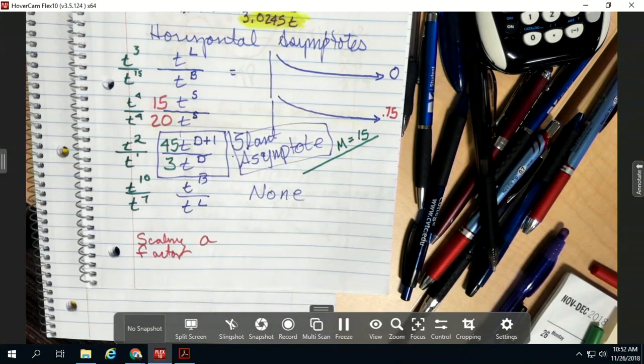And you think, well, why is that so? Well, if you keep on canceling here, eventually you will get t to the third on top, right? So if you take 1,000,000 to the third, that's a really big number. 1,000,001 to the third, that's even bigger. So as you go farther and farther over, it keeps getting bigger and bigger and bigger, and there is no end behavior.